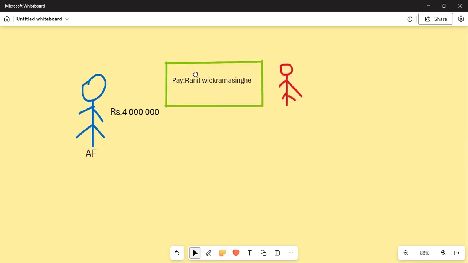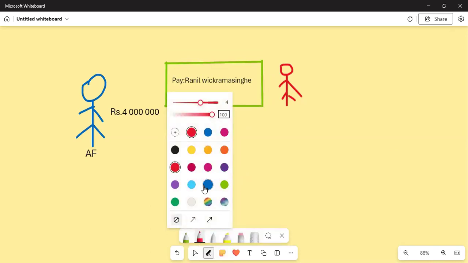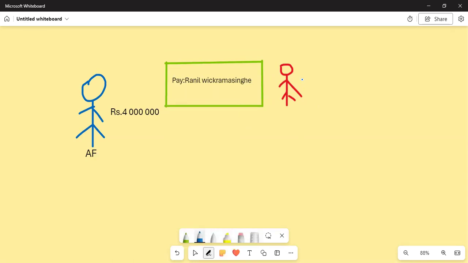And this Mr. Ranil Wickramasinghe has another deal with Mahinda Rajapaksa. He has to pay another 4 million to Mahinda Rajapaksa.